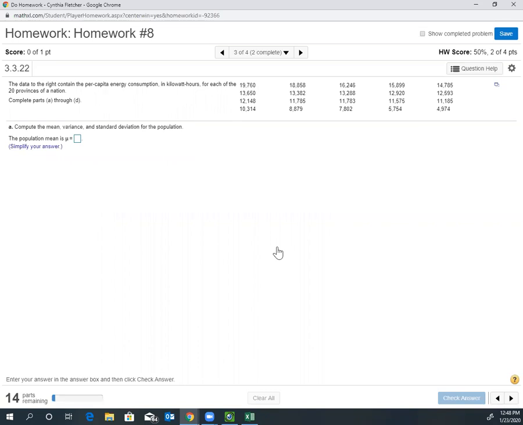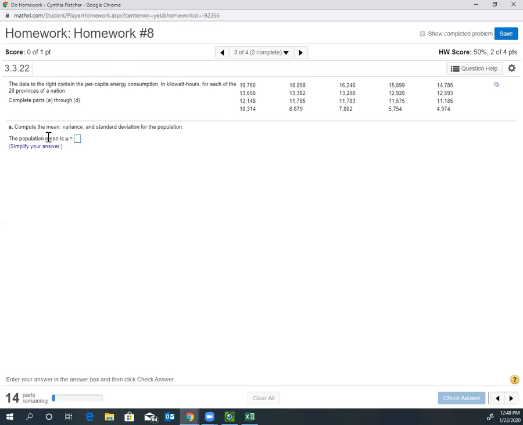Number 3 asks us, this is the one that has multiple parts. It has like 14 steps to it. So we'll try to work through these. All right, so first thing, it says the data to the right contains the per capita energy consumption in kilowatt hours for each of the 20 provinces of a nation.